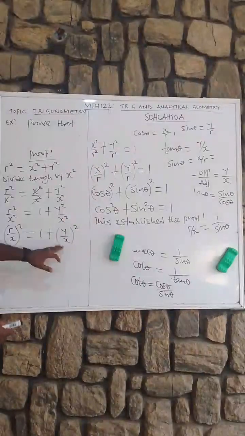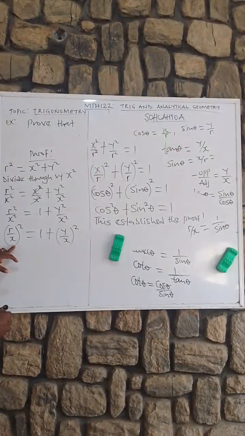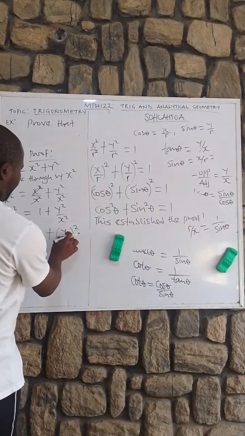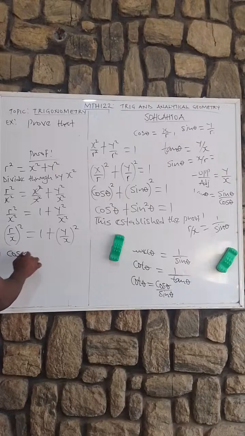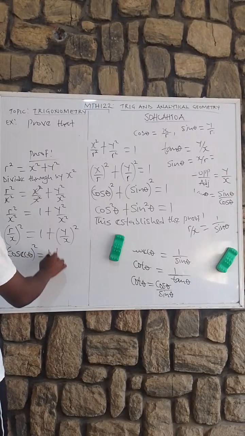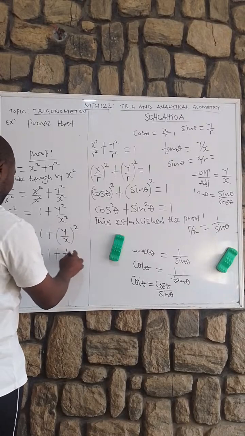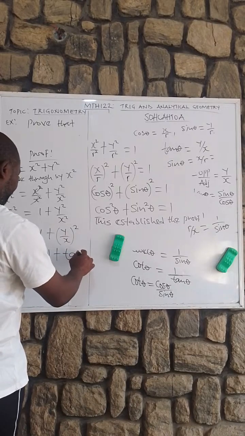Let's move on. Okay. So here is tan, then here we are going to have cosec theta, all is going to equal 1 plus this is tan theta, right?